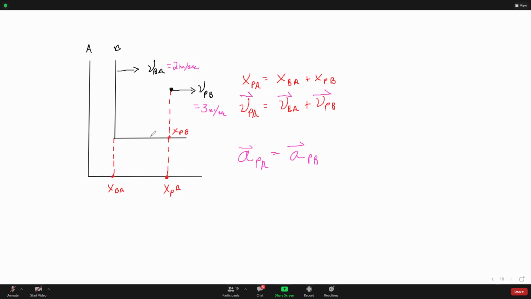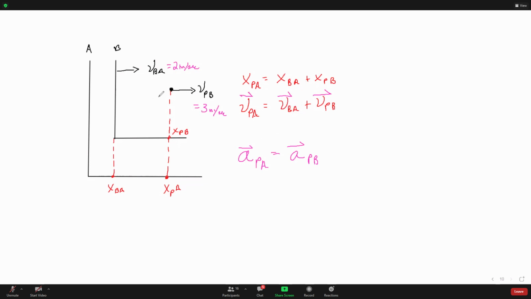The velocities and positions have different values, although they're all consistent because the physics is the same. Physics does not depend on your reference frame. But the accelerations are the same in both frames. So I may see from frame A my particle moving faster with respect to me than it is with respect to someone fixed to frame B. But the rate of change of those velocities is the same because VBA is a constant.